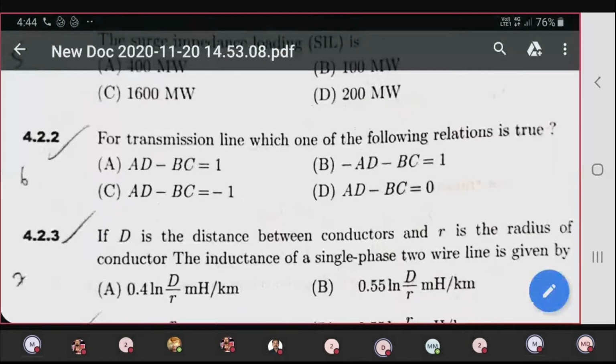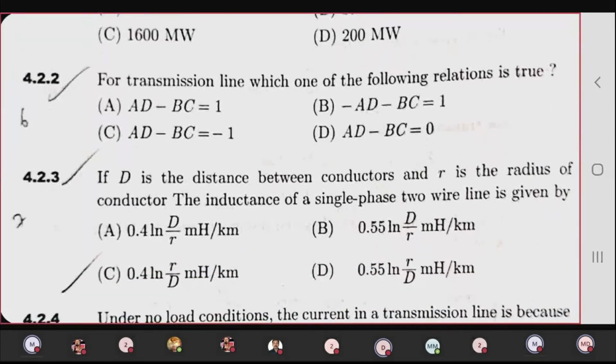Third question. If D is the distance between conductors and R is the radius of the conductor, the inductance of a single phase two-wire line is given by, D is distance, R is radius of the conductor. Here we have to estimate the inductance in a single phase two-wire line.